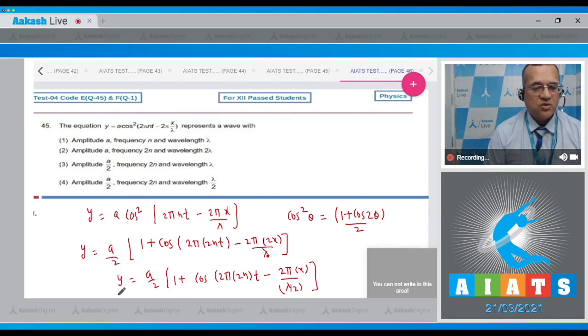So this becomes y equal to a by 2 times 1 plus cos of omega t minus kx, and 2n becomes the frequency and lambda by 2 becomes the wavelength on comparing. So see, the amplitude is a by 2, frequency is 2n, and wavelength is lambda by 2. Therefore, the correct option is option 4.